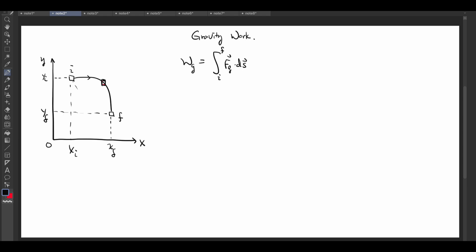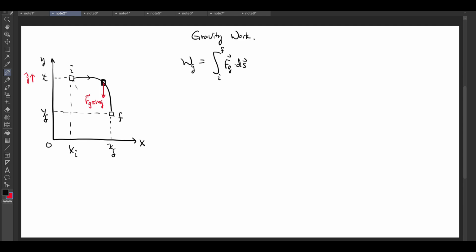So at this intermediate point, we draw the free body diagram. Gravity is downward, which is Fg equals mg. I want to rewrite this in vector form, so I need to use j hat.